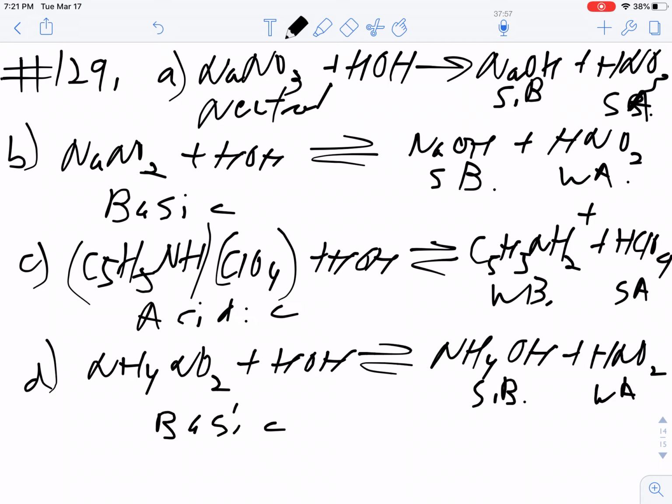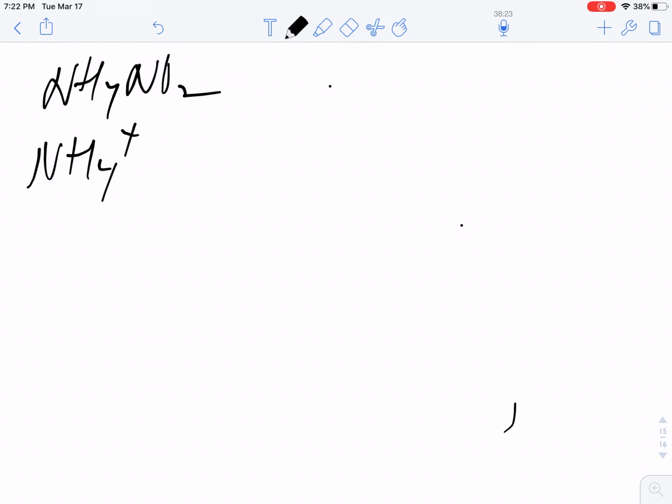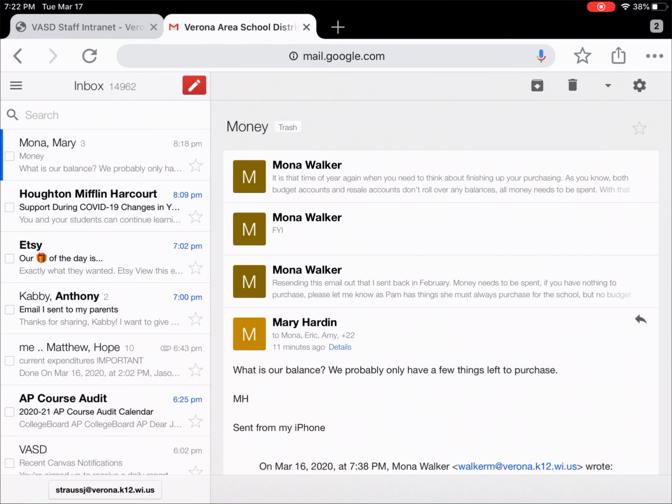Remember when I said that this is a quick way to do it, but the actual thing that's going on is the ammonium will break apart and give you this and give you this.